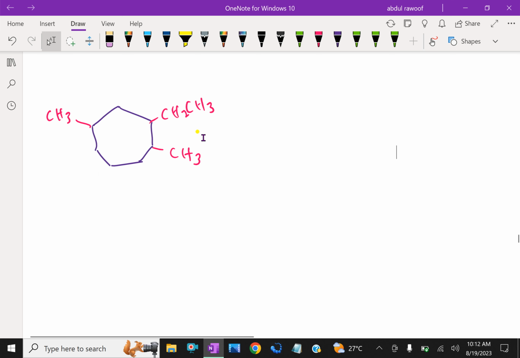Here, the parent is 7 carbon, cycloheptane.